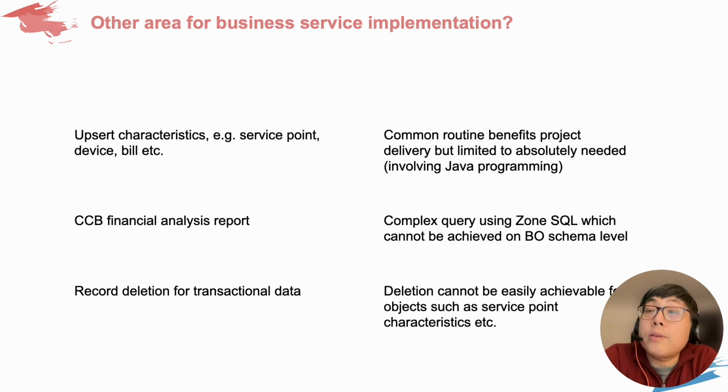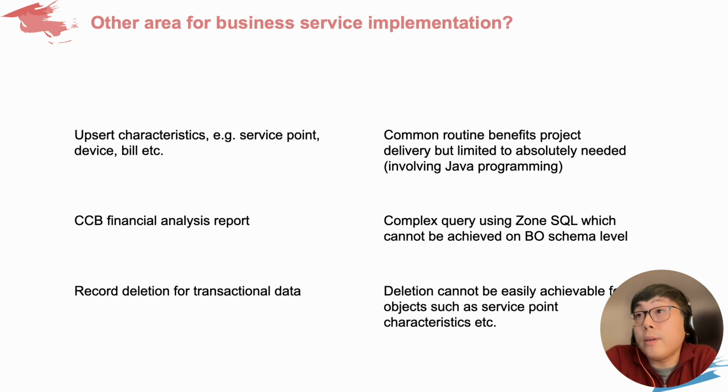However, let's say we create a business service for upsert service point characteristics. Then you can pass in the values for the characteristic type, the characteristic type code and characteristic value, and using the Java-based programming at the backend, as we discussed, the page maintenance, you can use these common routines to insert service point.